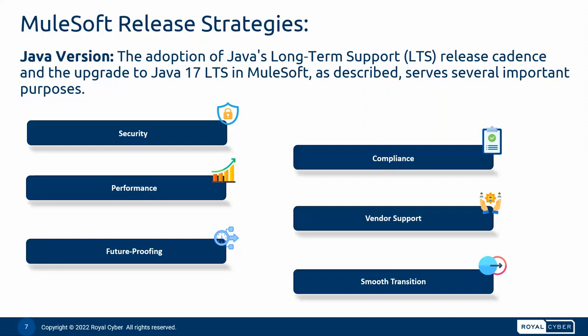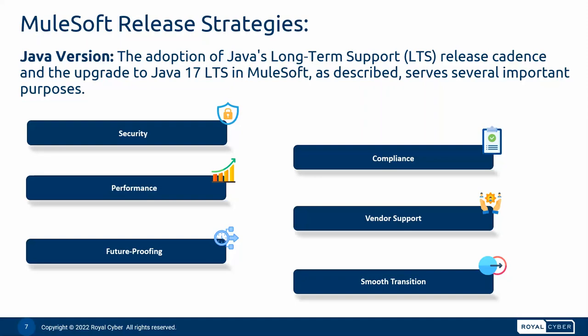To prepare for the Java 17 upgrade, planning involves evaluating various components such as integration apps, connectors, like both Anypoint connectors and custom connectors, Mule gateway policies, and API proxies.